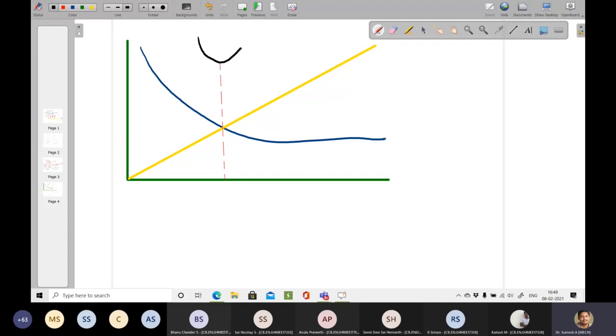So here in my x-axis I have quantity, and on the y-axis annual cost. And this is what I told you, ordering cost, and this is carrying cost.